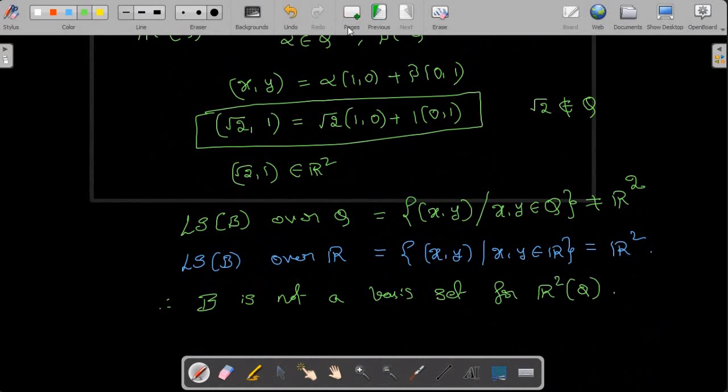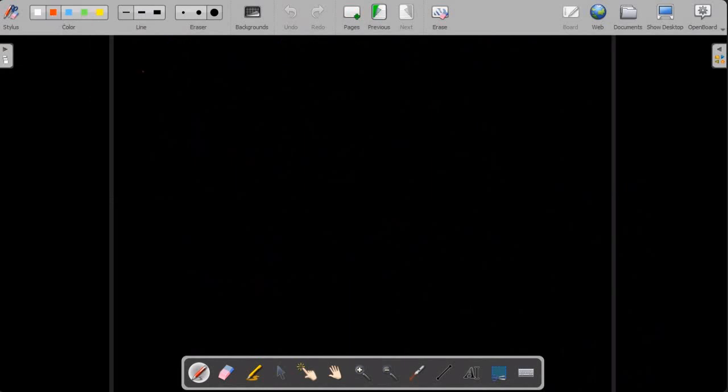Okay, I will give you a small exercise and I won't answer this question now. You please think. Can you tell me what is the basis set for R over R?